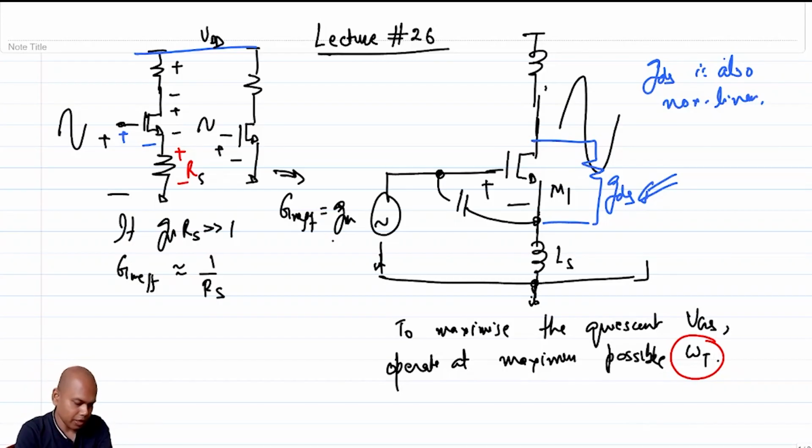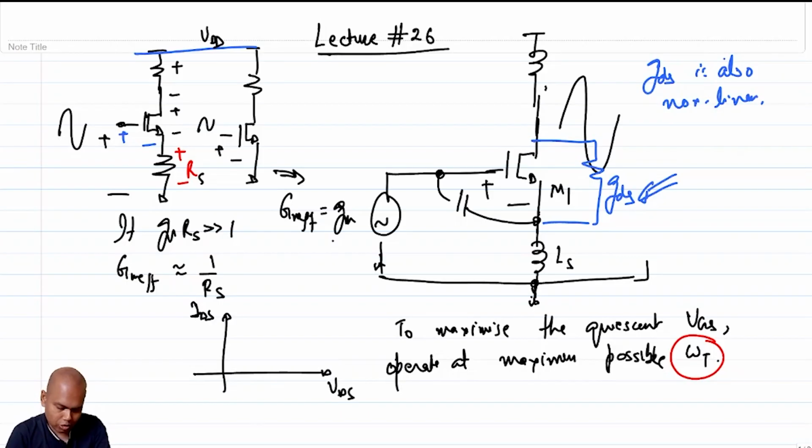So what is the intuition behind that? The intuition is as follows. If you recall the IDS versus VDS plots of a MOSFET, that goes something like this, right?